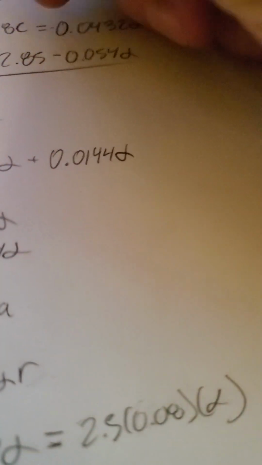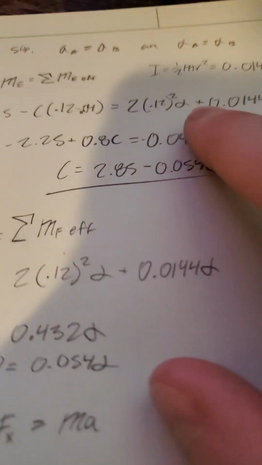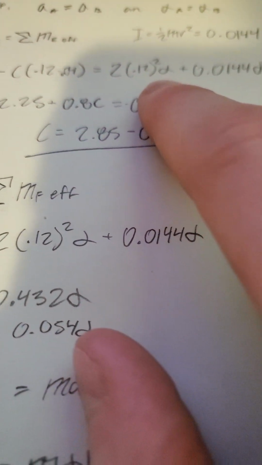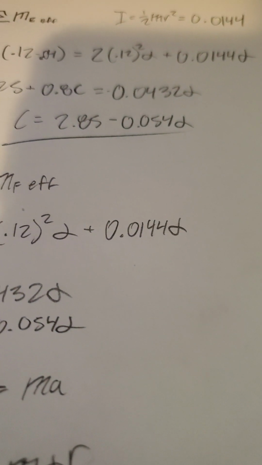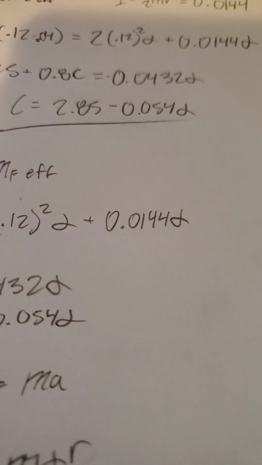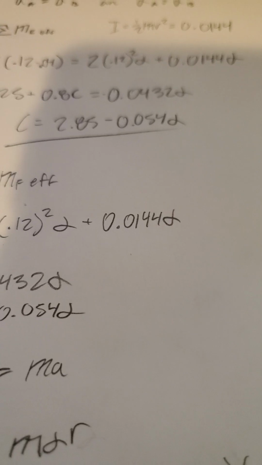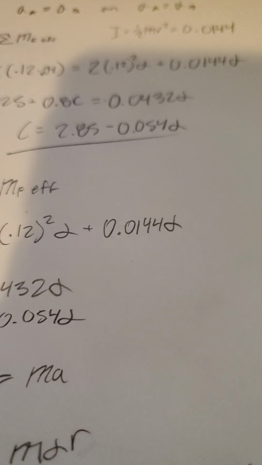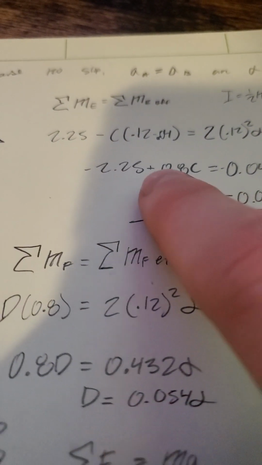Okay, I forgot to include a 0 there, so I just wanted to make sure I did it correctly in my calculation. And then that's going to equal the effective moment, which is I alpha plus the mr squared alpha, mass times acceleration.